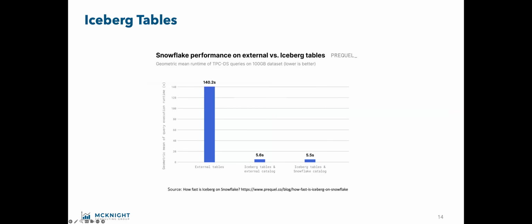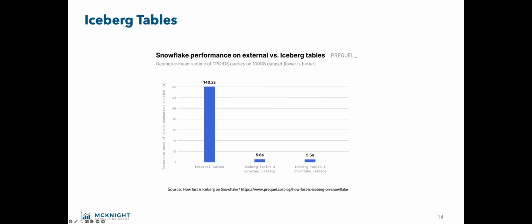Now, I'm doing a benchmark right now on the performance differences and the cost differences between a data warehouse and a data lake. And I had hoped that I would be done with that benchmark by the time we got to this presentation. I am not done with that benchmark, unfortunately. So this is one I found that a company called Prequel did, and it highlights some of the things I'm going to be highlighting.